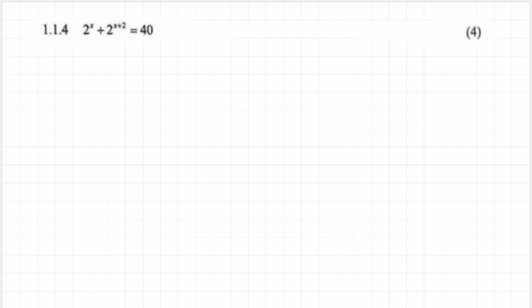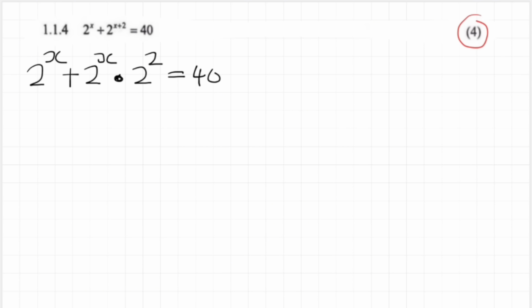So 1.4 says 2^x, this is actually an exponential question, which is worth 4 marks. How can we solve this one? I think this one is very, very easy. What we need is to first break it down. So I'm going to have 2^x plus 2^x multiplied by 2 over 2, which equals 40.